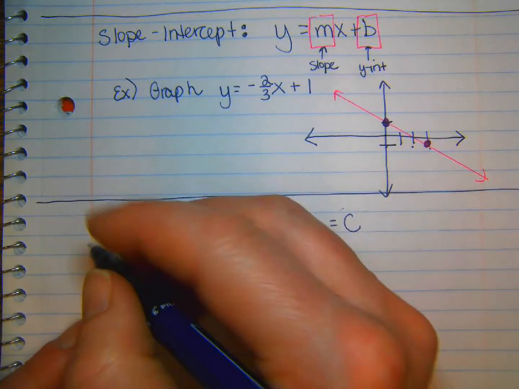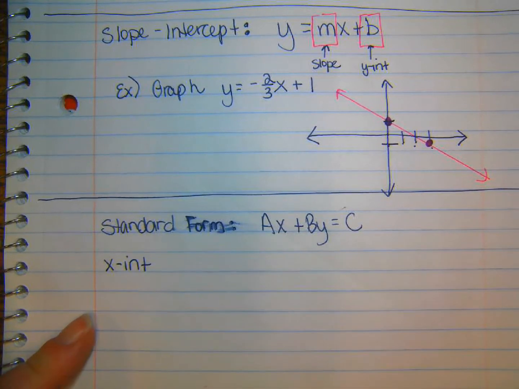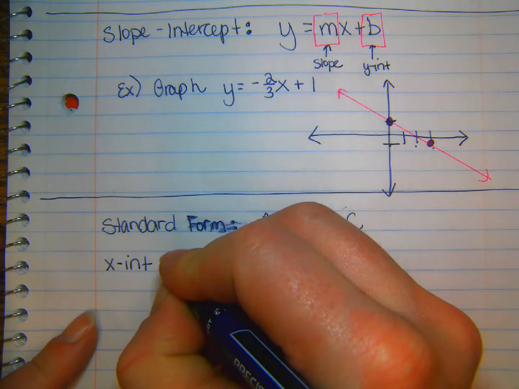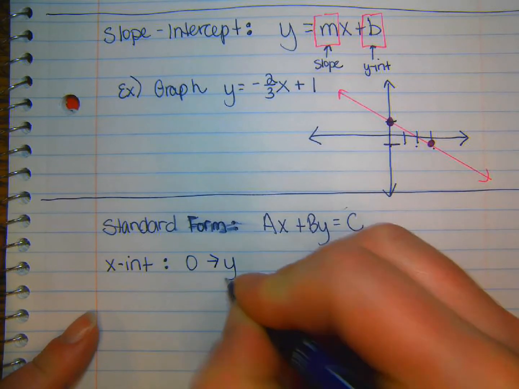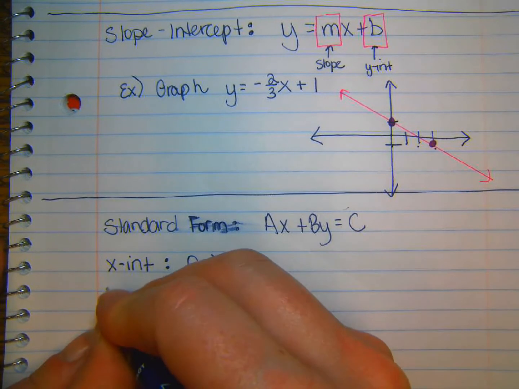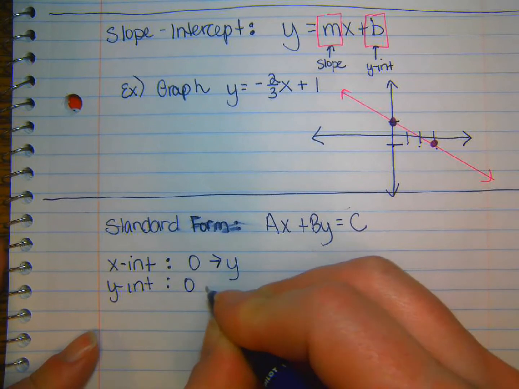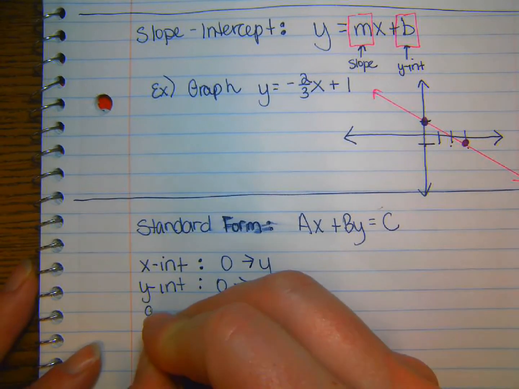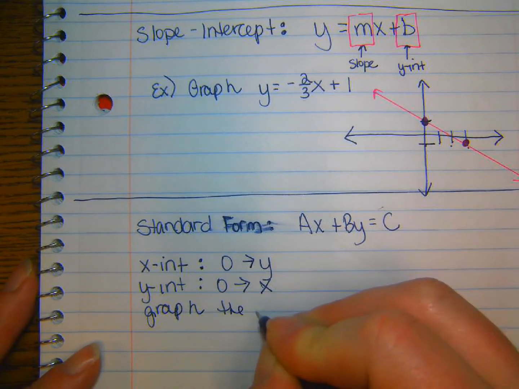Here's what we do. We find the x-intercept. If I write x-int, will you know what that means? Okay. The way you find the x-intercept is you put 0 in for y. You find the y-intercept. You plug 0 in for x. And then you graph the intercepts.